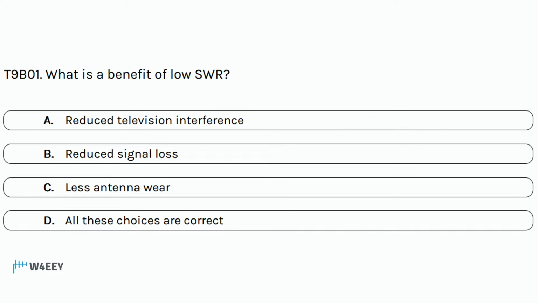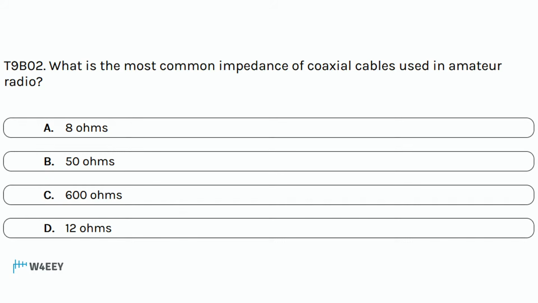And what is a benefit of low SWR? Bravo. Reduced signal loss, certainly on transmission, but it also helps your reception as well. And what is the most common impedance of coaxial cables used in amateur radio?